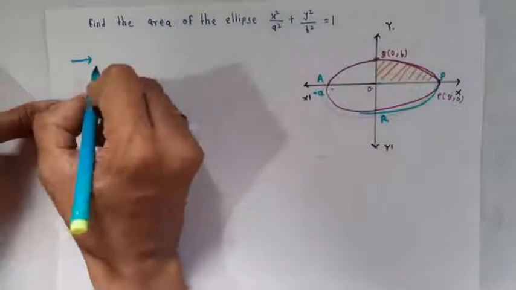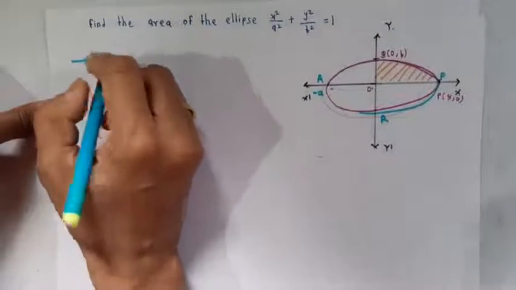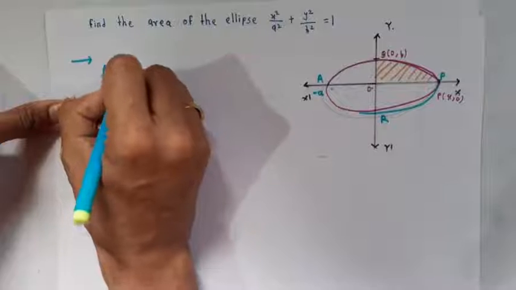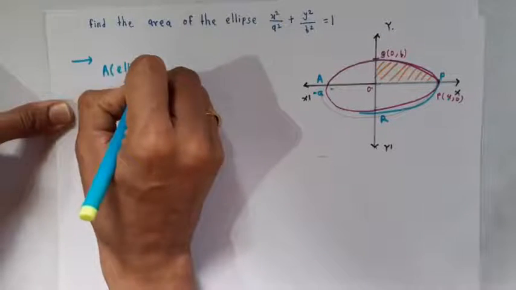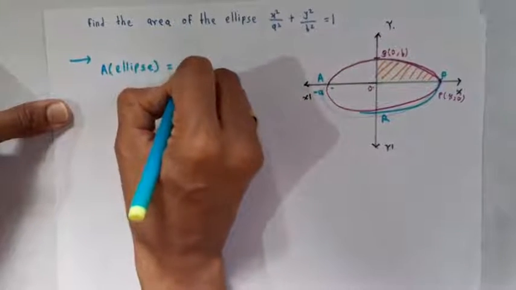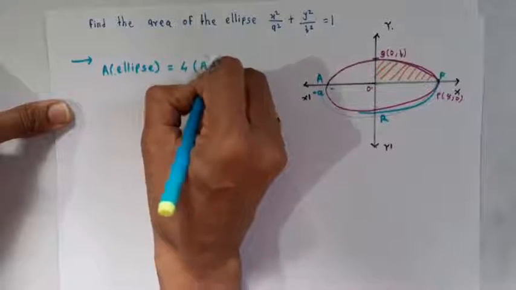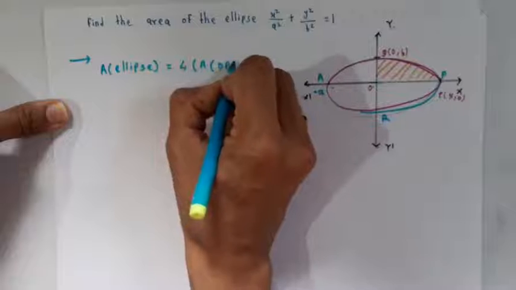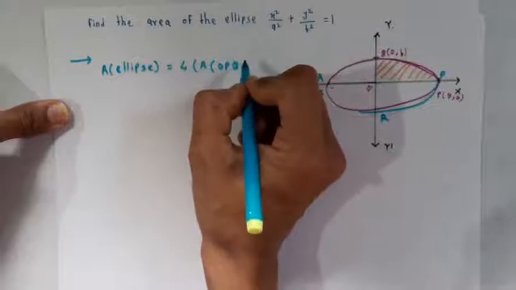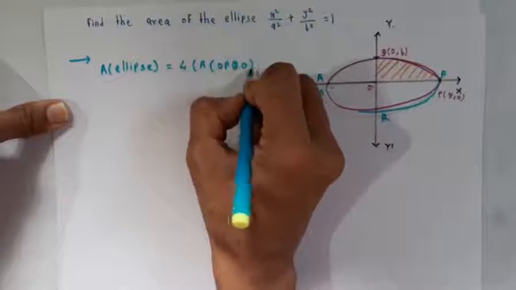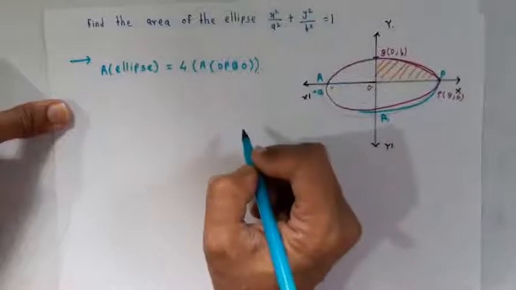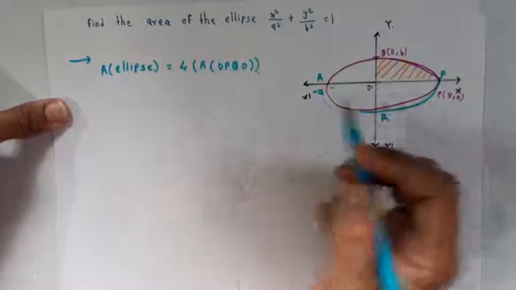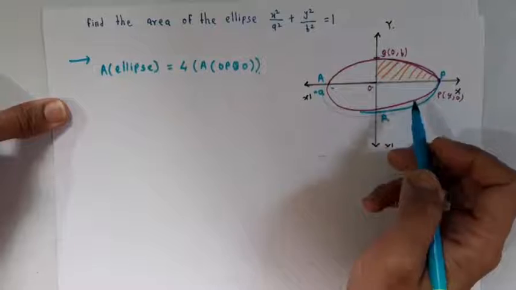So here the area of the ellipse equals 4 times the area of OPQO, and the limits of integration are from 0 to a.